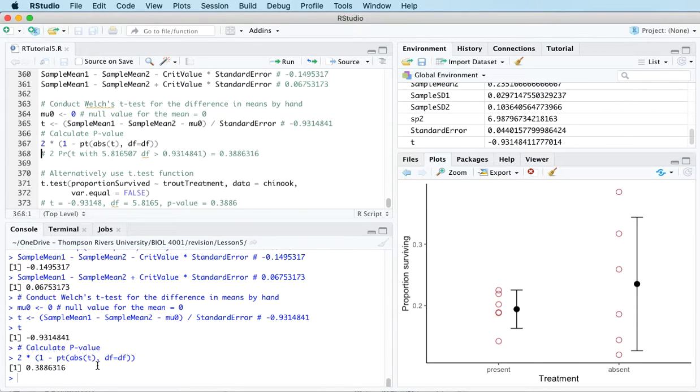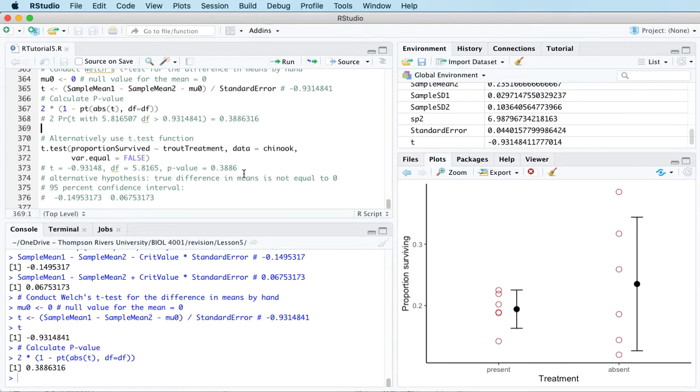So that's steps 1, 2, and 3. Step 4 is decision and conclusion. Decision rule, reject the null hypothesis in favor of the alternative if the p-value is less than 0.05, the significance level. Otherwise, we cannot reject the null hypothesis. So in this case, this p-value is not less than 0.05, so we cannot reject the null hypothesis. So be a little bit careful here.